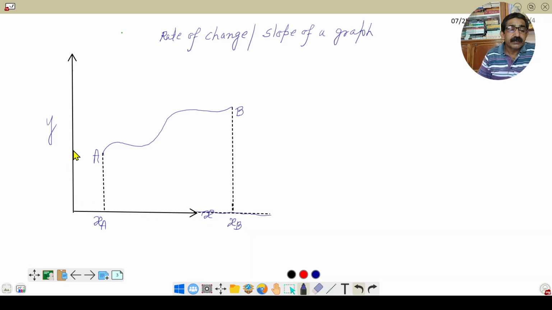Similarly, the value of y corresponding to A is equal to ya, and the value of y corresponding to B is equal to yb.